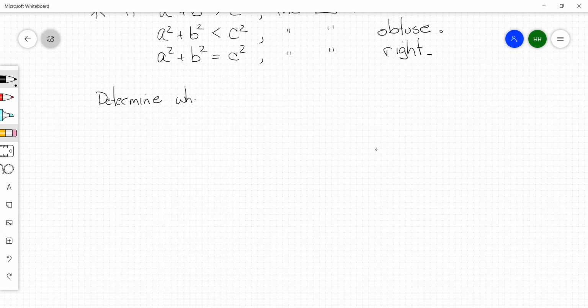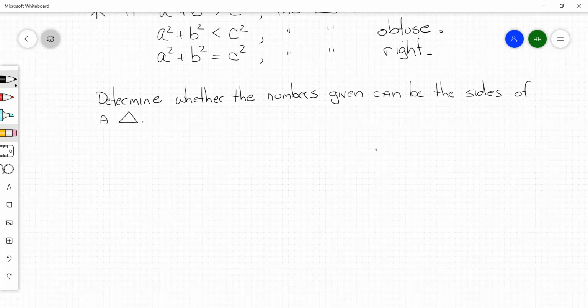Determine whether the numbers given can be the sides of a triangle. If so, classify the triangle.